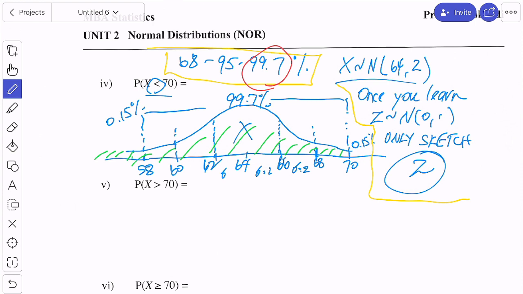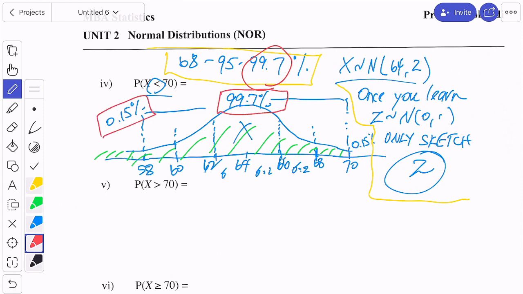Okay, so if I want to go to the left, what I'm interested in is everything here and here. Okay, so people will do this differently. I'm sketching it, it's just one technique. You can remember how it works, but I need to see it if I'm going to grade it, okay?